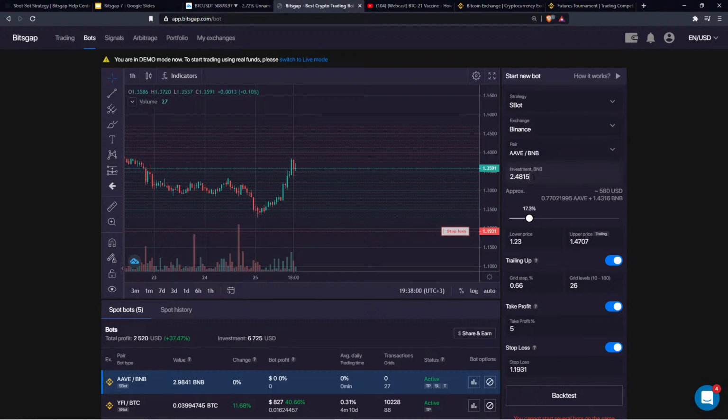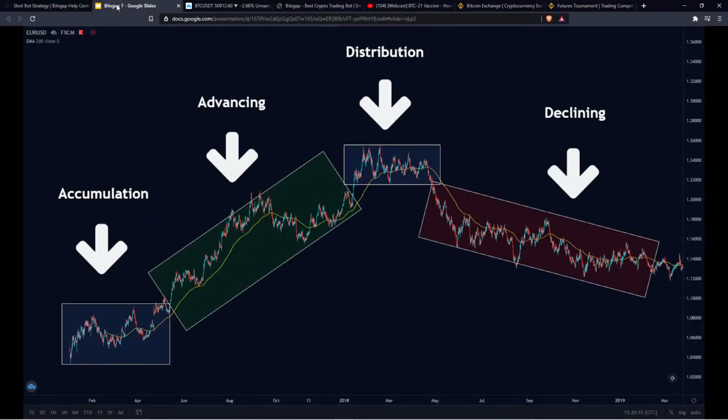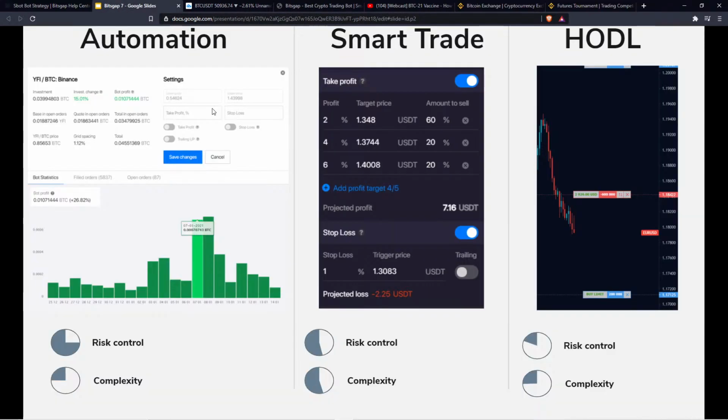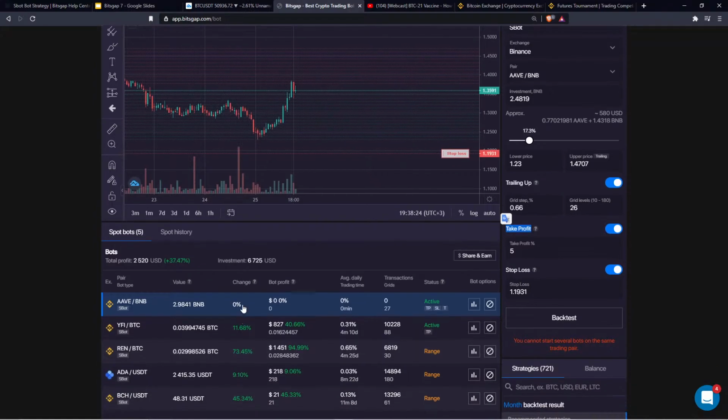The next step is to define the allocation, and the third step is to make sure that you have all instruments to maximize the return and to minimize the loss, and that's the stop loss, take profit, and trading up in this case. Okay, the take profit here works pretty much the same as in the smart trade mode, except that the take profit is defined by the investment change, but not by the price.